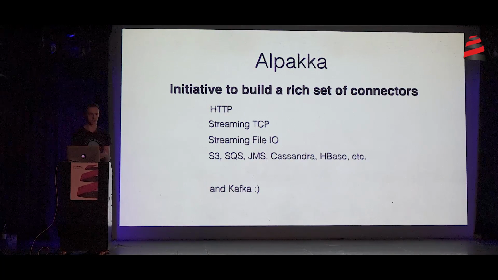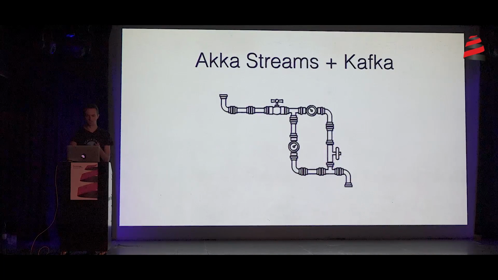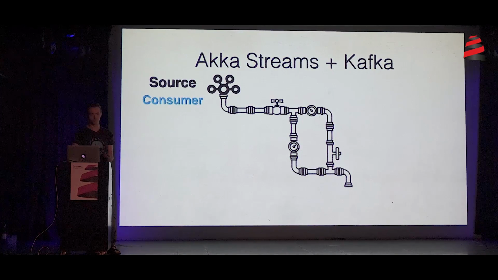To translate this blocking and imperative paradigm of polling messages from Kafka into a reactive API compatible with Akka Streams. So here's our stream, and we may want to read from Kafka, the first example. So underneath there will be a consumer.